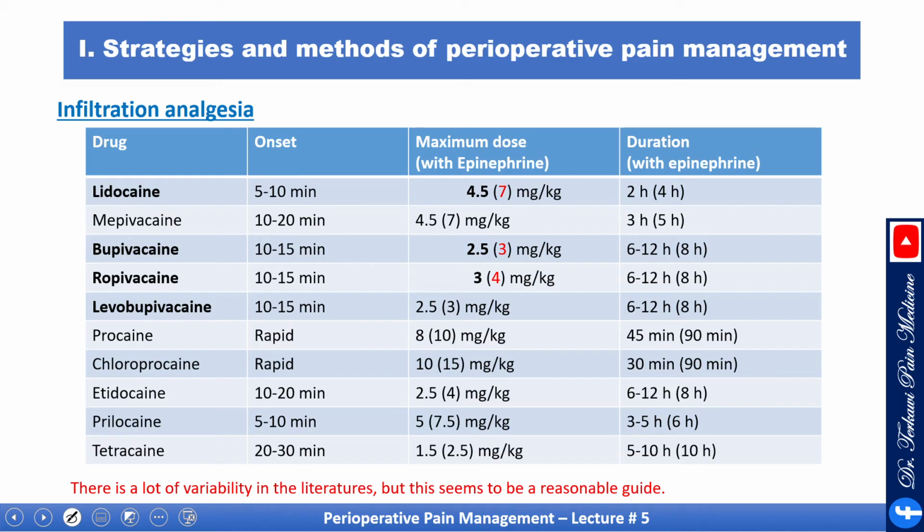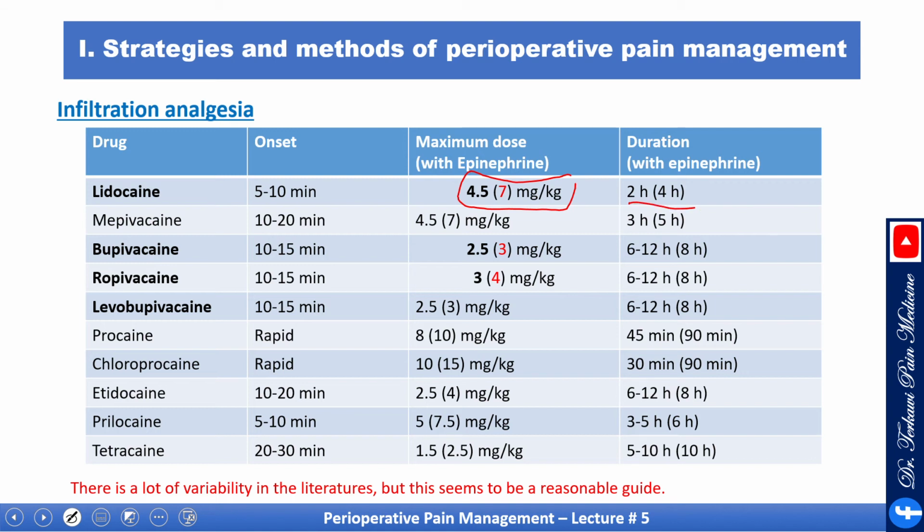So the thing that you really have to memorize is lidocaine. The lidocaine maximum dose without epinephrine is 4.5 milligrams per kilogram. If you add epinephrine to it, it will be up to 7 milligrams per kilogram. Now notice the difference in the duration of action.